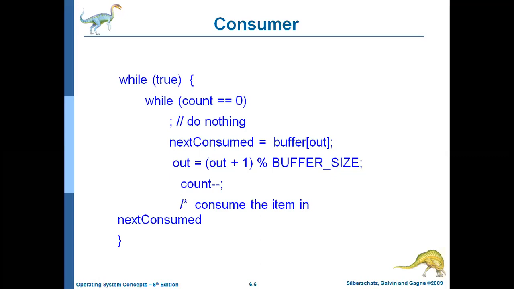Likewise, there should be synchronization between producer and consumer. The producer has to check whether the buffer is full before producing an item. The consumer has to check whether the buffer is empty. If the buffer is full, the producer has to wait for the consumer. If the buffer is empty, the consumer has to wait for the producer.